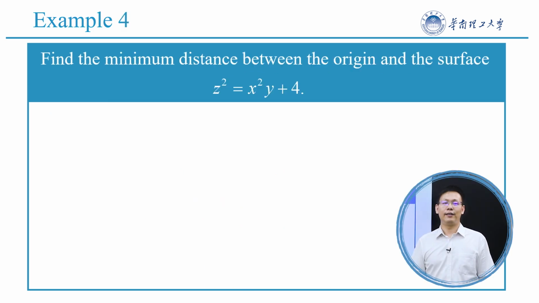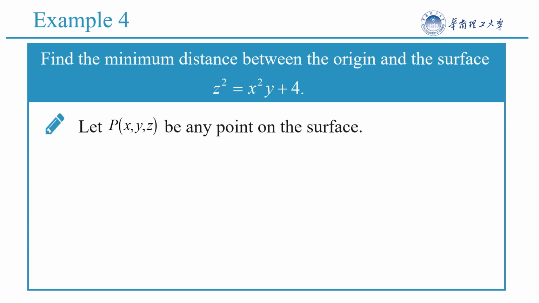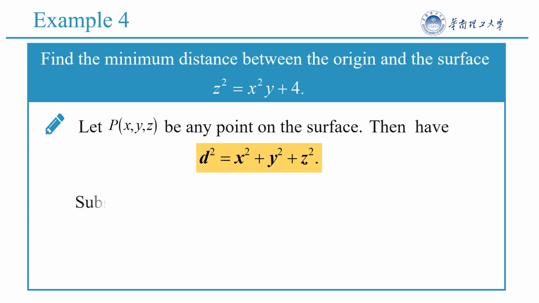Example 4. Find the minimum distance between the origin and the surface z squared equals x squared y plus 4. Solution. Let P(x, y, z) be any point on the surface. Then we have z squared equals x squared y plus 4.